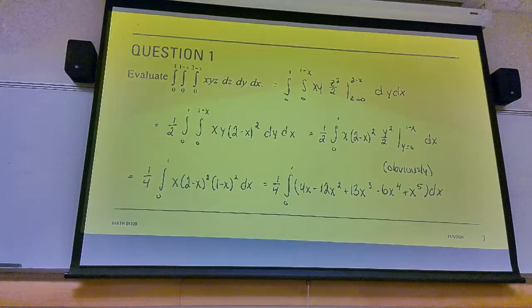Now we need that antiderivative. Actually, because it's 0 to 1, it's kind of easy to evaluate. First term, I'll just evaluate the 2.